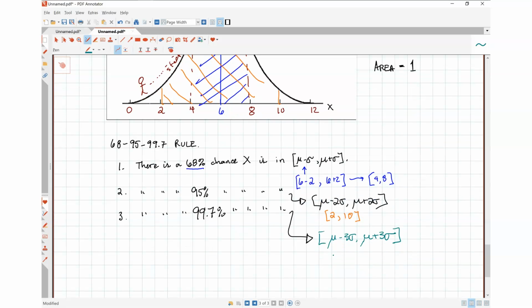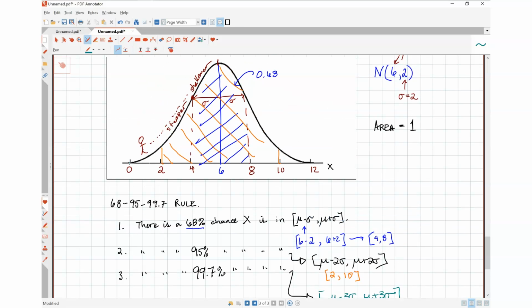And that's going to give us, let's see, 6 minus 6 is 0 and 6 plus 6 is 12. So that's going to give us this whole region from 0 up to 12. And our rule is telling us that this random variable, whatever it is, has a 99.7% chance of being found between 0 and 12.